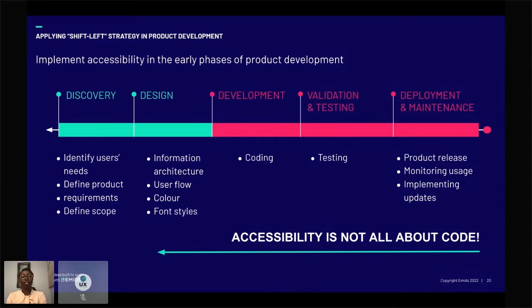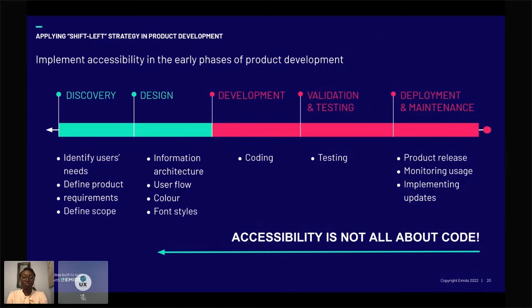You do your testing, you find accessibility issues, then you send it back to the developers for retrofix and remediation. But the truth is that accessibility is not all about code. In fact, a university conducted a research and they reported that 60 to 70% of accessibility issues could actually be fixed from the discovery and design phase.